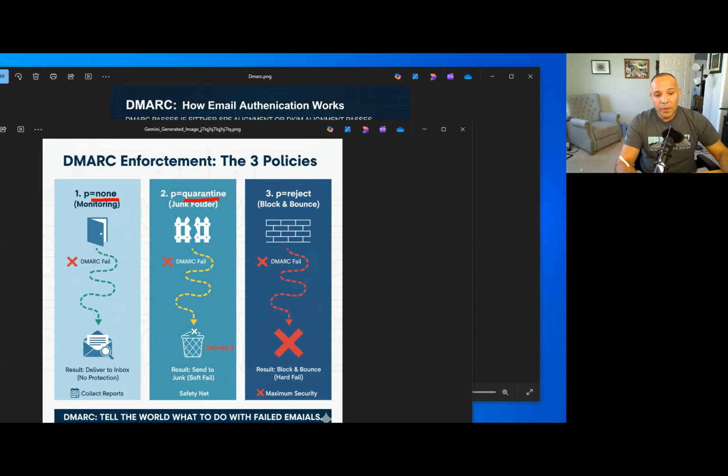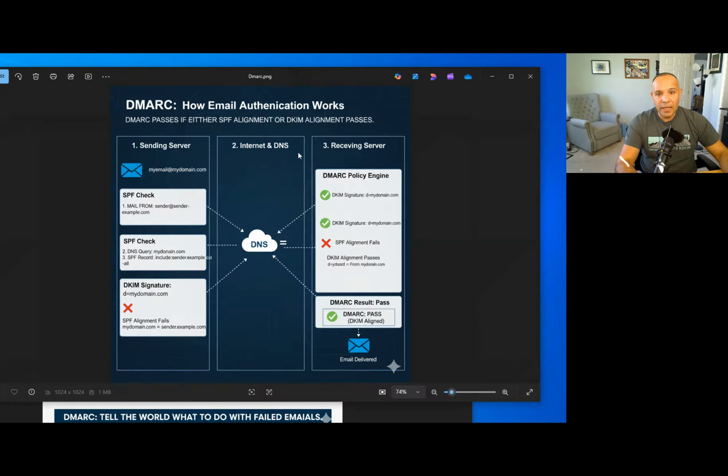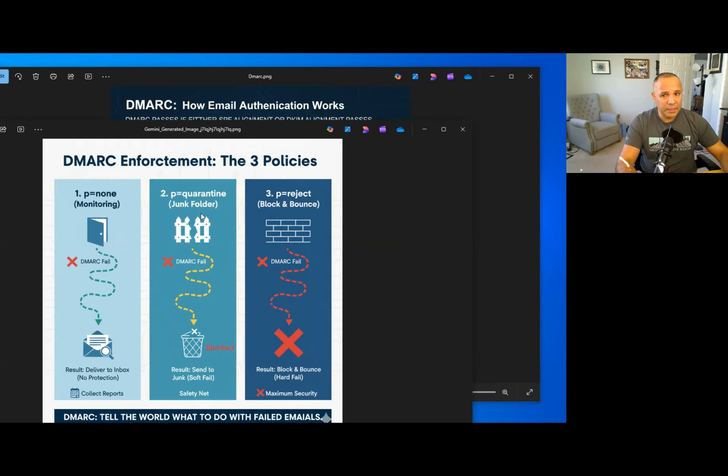So it's a good thing. I don't know if it sounds confusing, but in this case, if it fails, the receiver is most likely not going to send it to the inbox. It's going to send it to junk too, even if there's no quarantine. But if there's a quarantine value in the policy, it's going to send it to the junk folder, right? And then there's the most secure aspect of it, and that is reject, right?